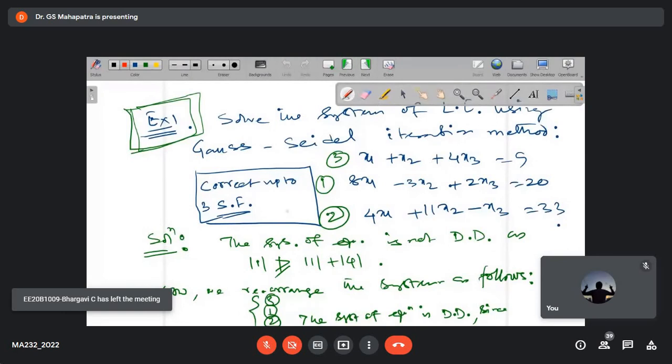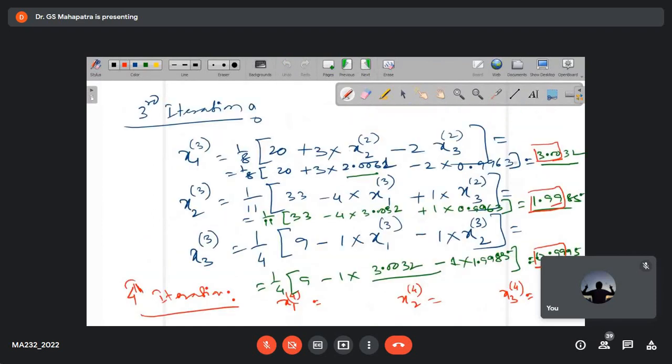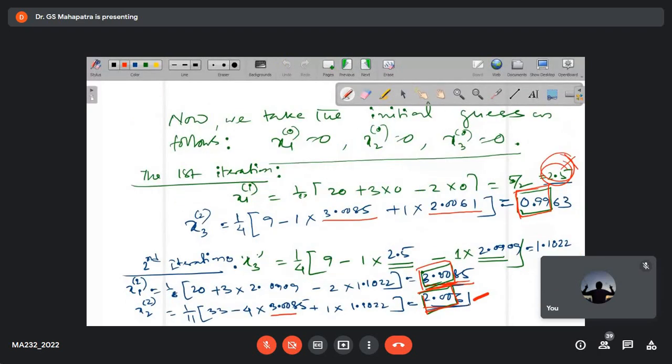But here it is correct up to 3 significant figures. The problem is here 3 significant figures will match, here also it will match, but in this case you have to go to 3 decimal places. 0 is not a significant figure for that one. So 999, previous one, it is 996.